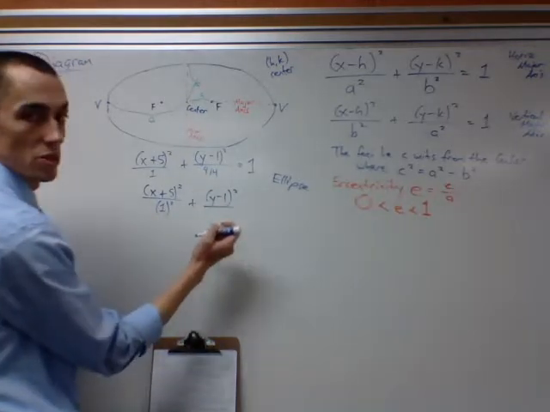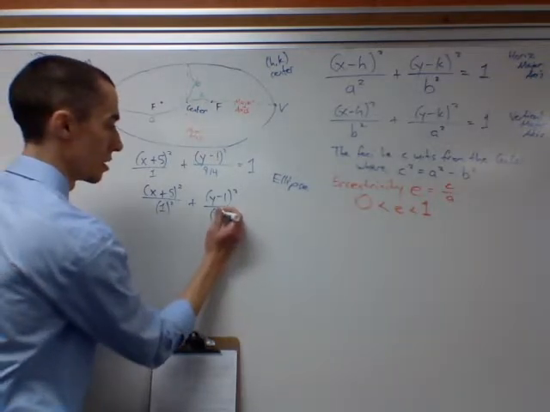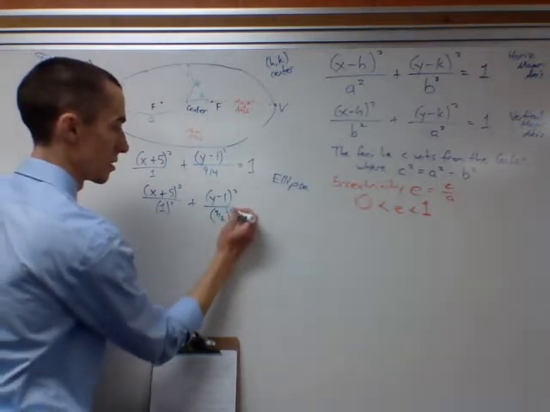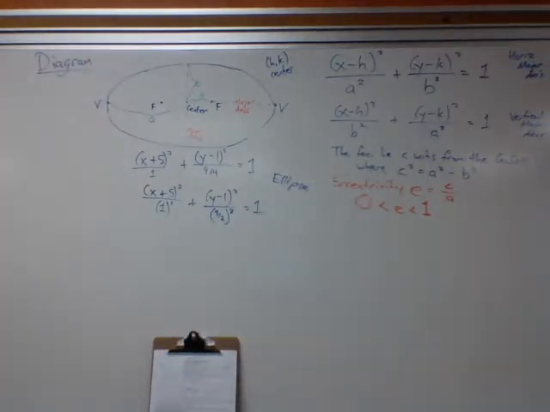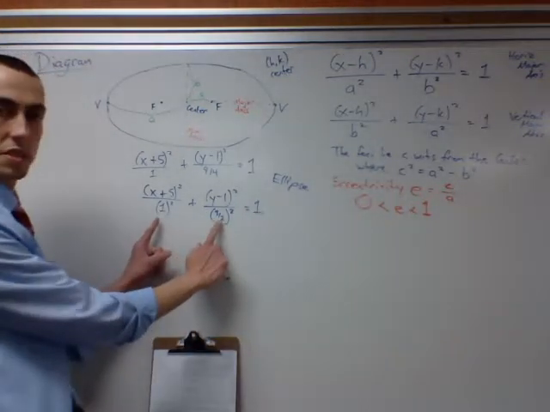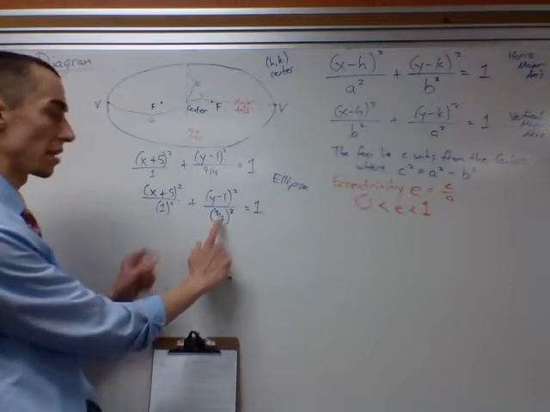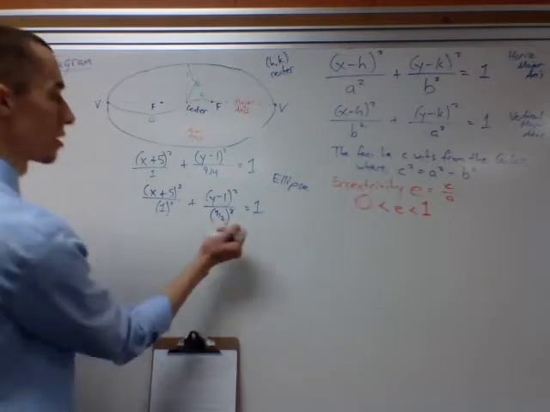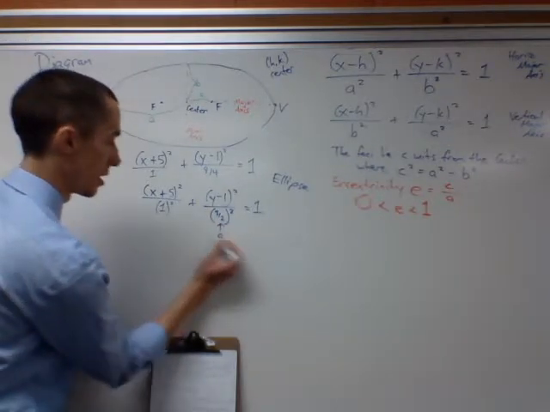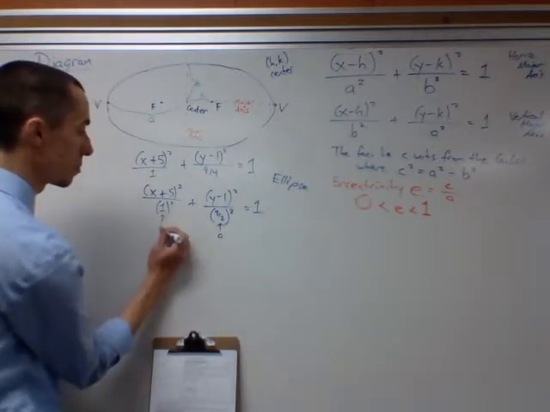Or what number, when you square it, gives 9/4? That would be 3/2. That equals 1. Next, I look and I see which of these is greater, 1 or 3/2. And that's 3/2. So 3/2 must be my A number, and 1 must be the B number.